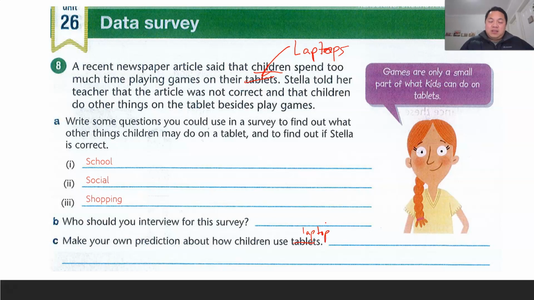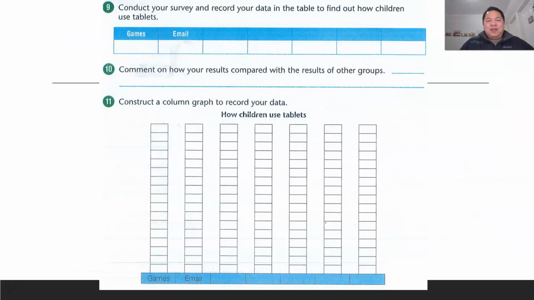Make a guess, and then after you collect the data, you're supposed to put down the results, fill out all the information and shade accordingly. This part I don't think you need to do because, like I said, we don't have the information at this point in time. That's very unfortunate. So just bear that in mind.